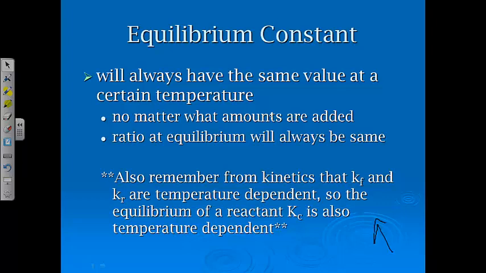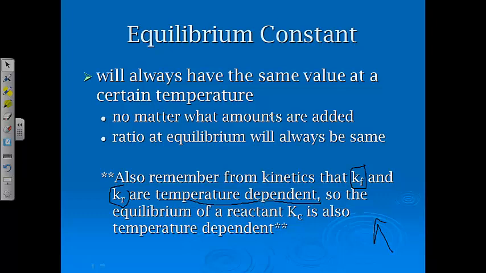Now, we will always have the same value. Let me back up for a second. With kinetics, when we just got done with kinetics, it said that from kinetics, lowercase k and lowercase k, we've just put forward and reverse rates here. They're temperature dependent because you're going to change the rate of the number of collisions.